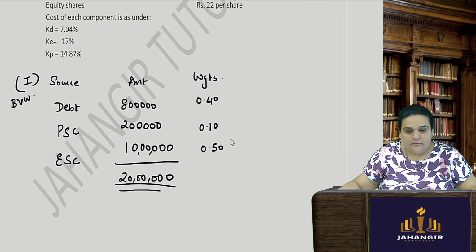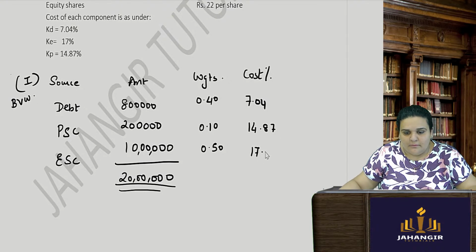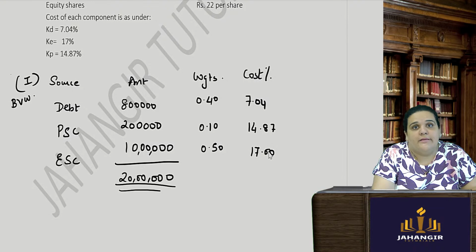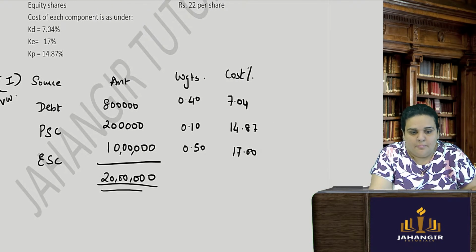So weights are done. Cost they have already given me. Just write the number. 14.87 and this is 17. Please copy from the question correctly at least.